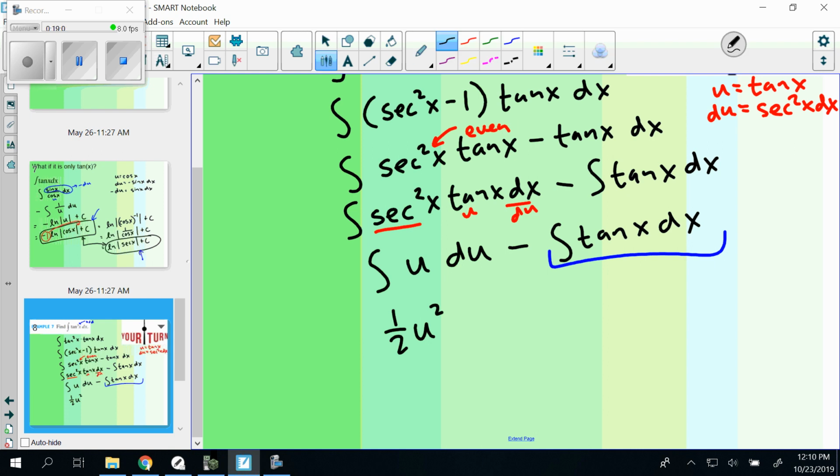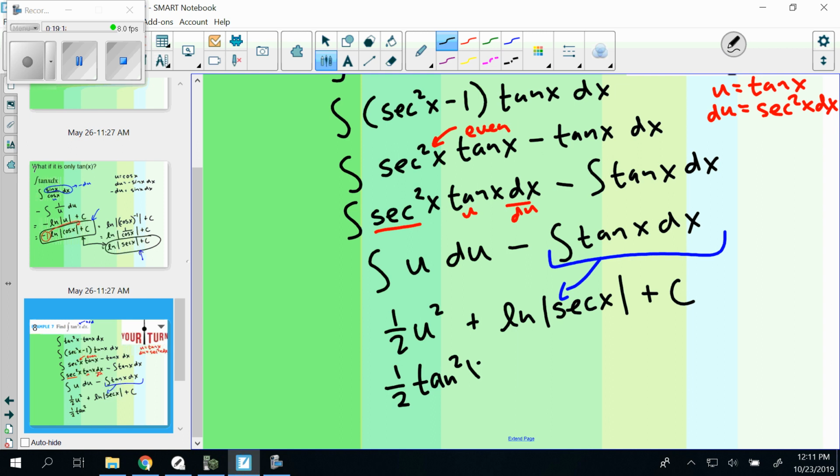This one right here comes out to equal natural log of secant x plus some constant. So now substituting back in, we would have the answer to this one. It'd be 1/2 tangent squared x plus natural log secant x plus c.